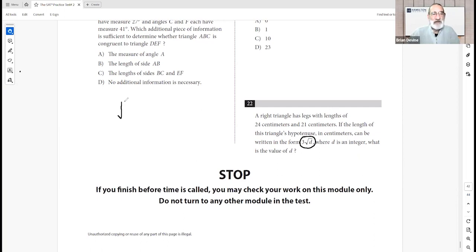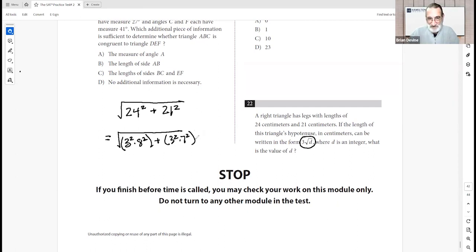Well, I know that if I take the legs and square them and then add them together and take the square root of that sum, I should get the length of the hypotenuse by the Pythagorean theorem. And so this is going to be the square root of 3 squared times 8 squared, 24 squared, plus 3 squared times 7 squared, because 21 is 3 times 7.